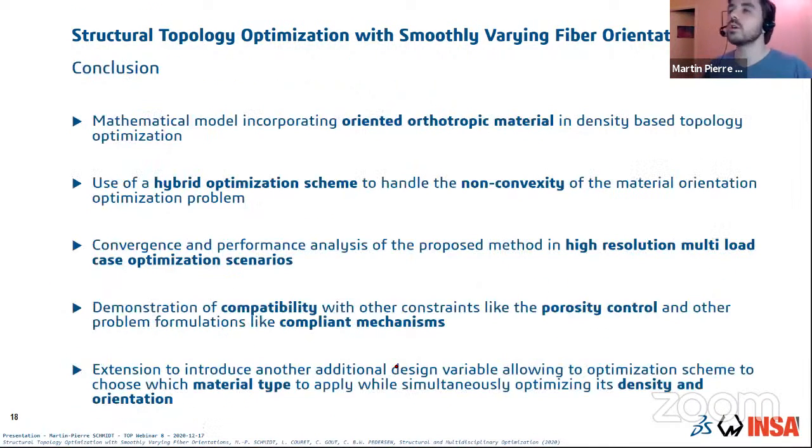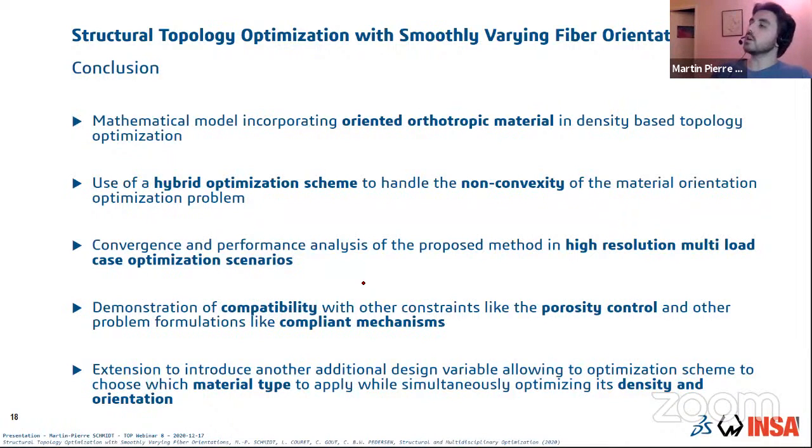So to conclude, in this presentation, we've introduced a formulation to define a varying orientation of orthotropic material within the optimization workflow. And we've proposed an optimization scheme that can handle the non-convexity of this optimization problem.